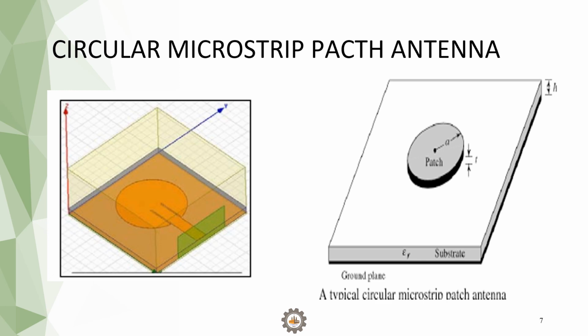Next, there is the circular microstrip patch antenna. In the circular microstrip patch antenna, the radius of the patch is considered and calculated using formulae. In this, we observe a microstrip circular patch antenna where the substrate is placed between the microstrip circular patch and the ground plane. Compared to the rectangular patch antenna, circular microstrip patch antennas are easier to manufacture and show greater characteristics.